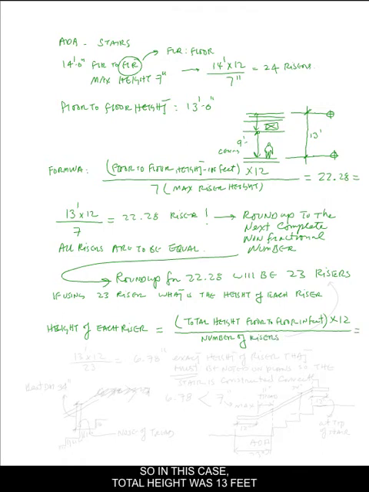So in this case, total height was 13 feet multiplied by 12, and this number was selected as 23. So let's see what we get using the calculator. 13 by 12 divided by 23. That gives you 6.78 inches.